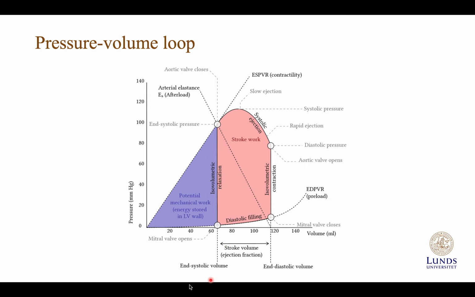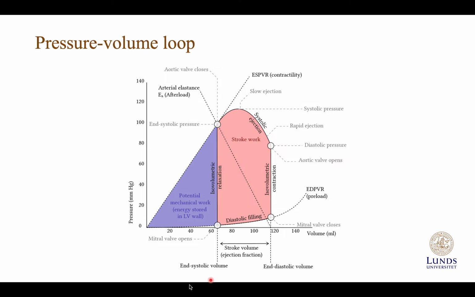Now, example scenarios on the pressure volume diagram could be, for instance, the fact that an increased afterload in terms of hypertension would mean that the arterial elastance line would become steeper.